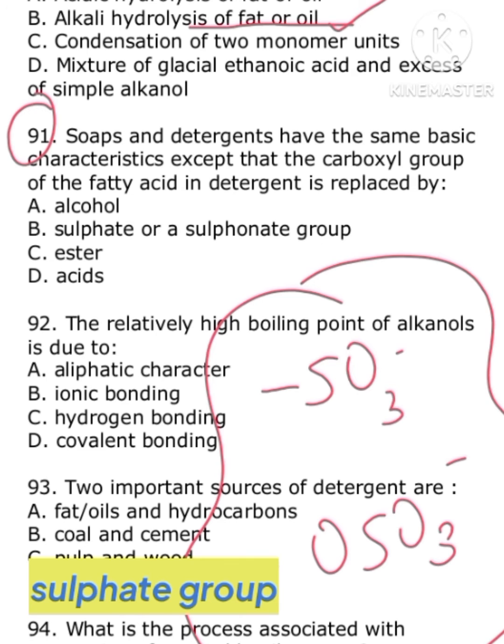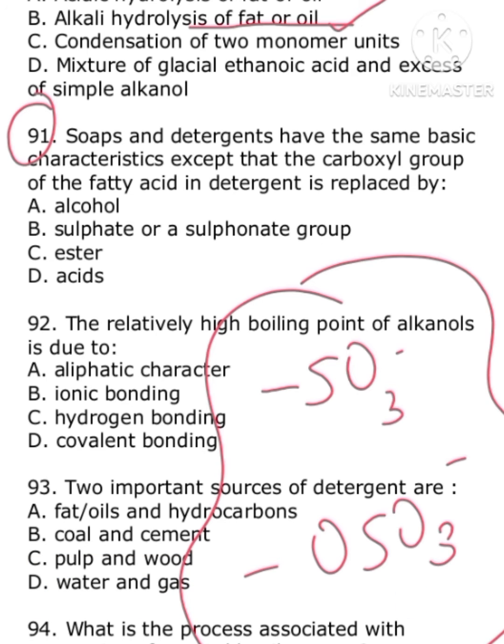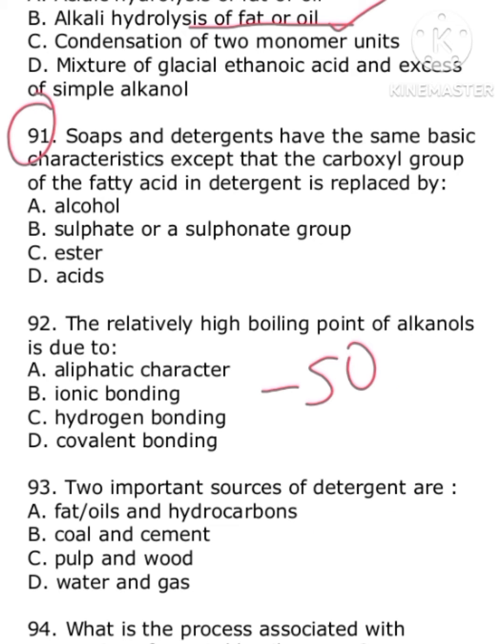So this one will also bind to Na+ or K+, being potassium, to form the actual detergent. So the answer is sulfate group or sulfonate group. So that's option B.